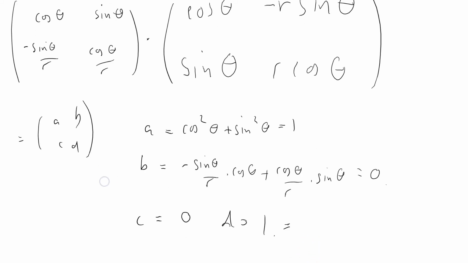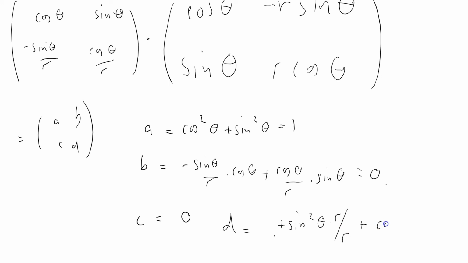Actually, I'll write it down explicitly. D equals minus sine squared θ times r over r, sorry, that's a plus, because two minuses make a plus.